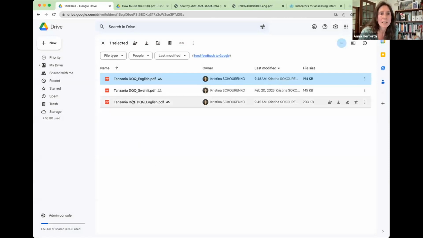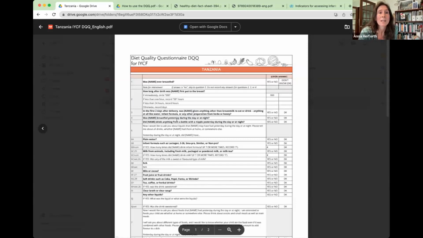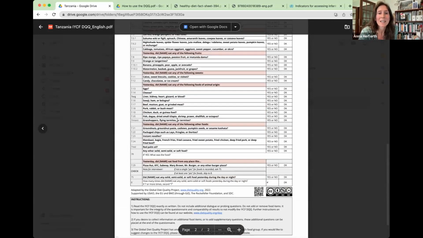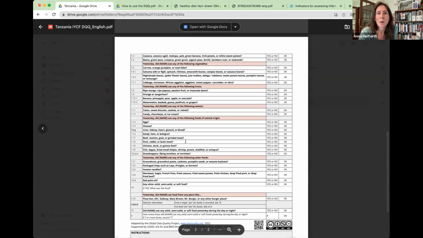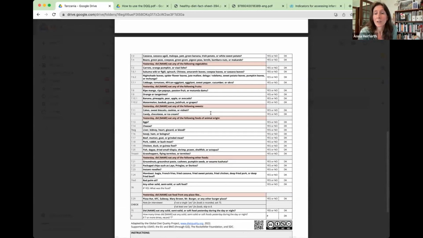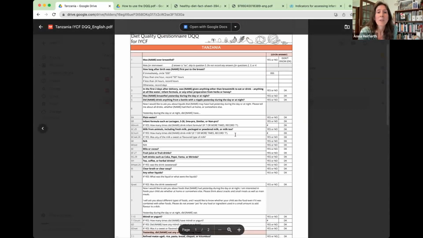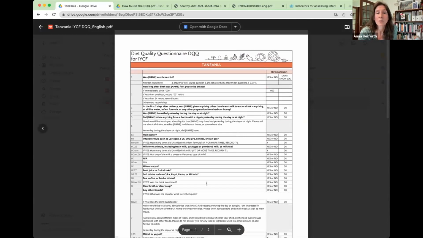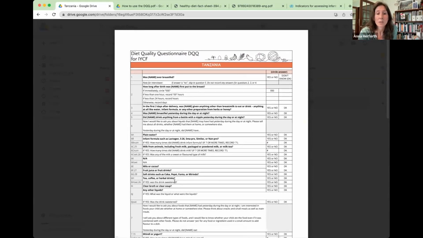I also want to point out that there are companion questionnaires adapted for infants and young children aged 6 to 23 months. This is the IYCF DQQ. It contains basically the same questions as the adult version, maybe with a few items added that are consumed more by infants and young children, like porridges. But it also has additional questions about breastfeeding and breast milk substitutes and liquids.